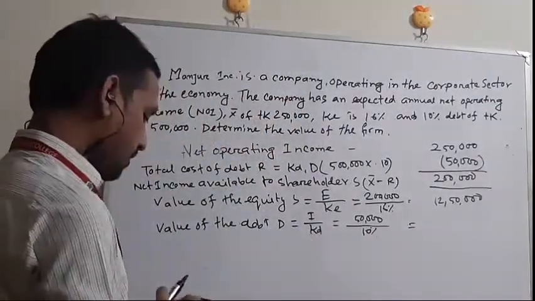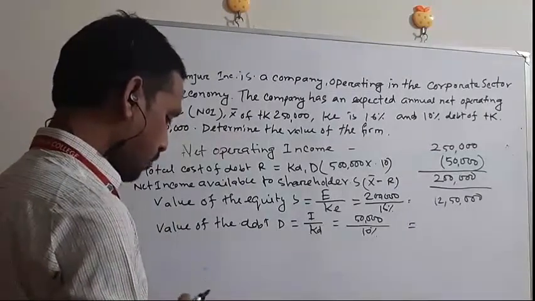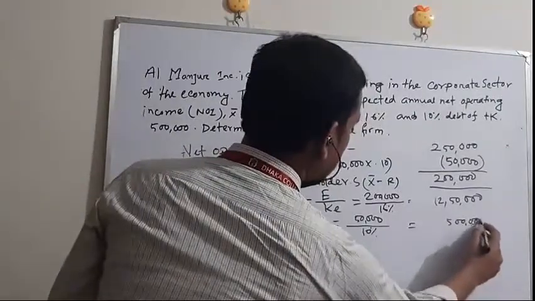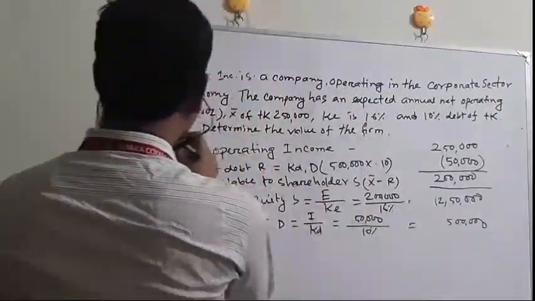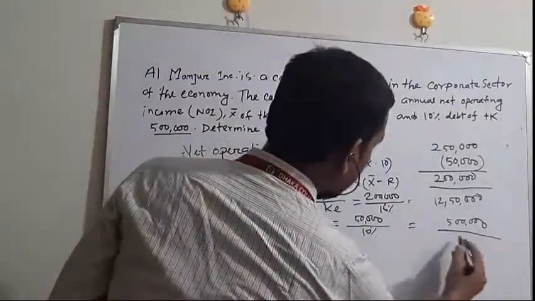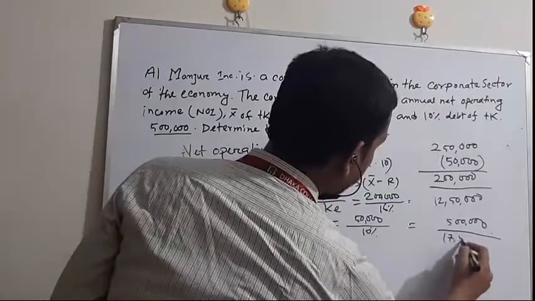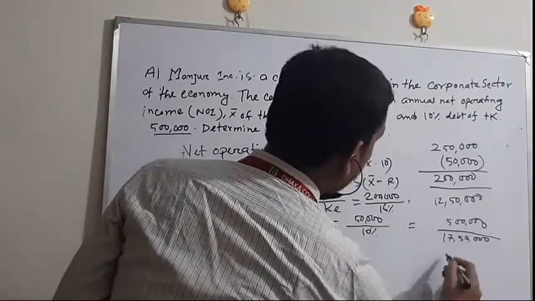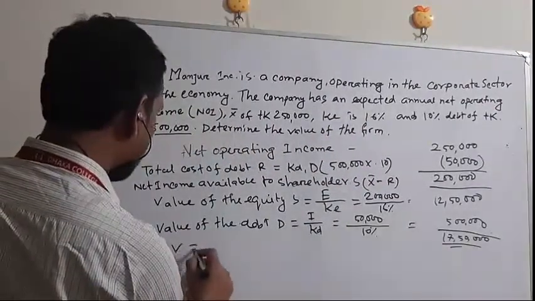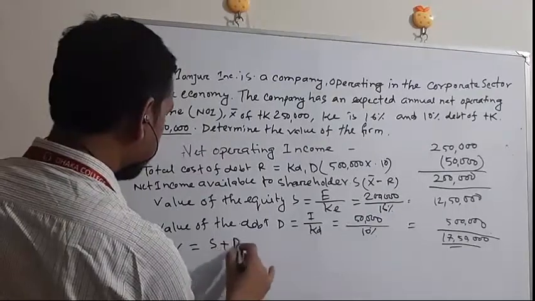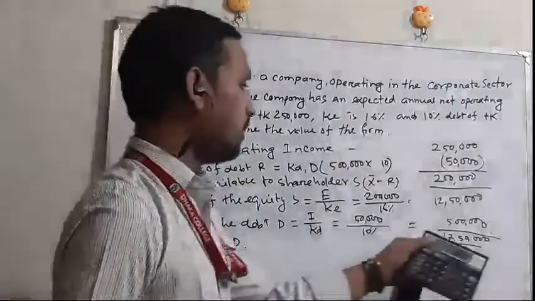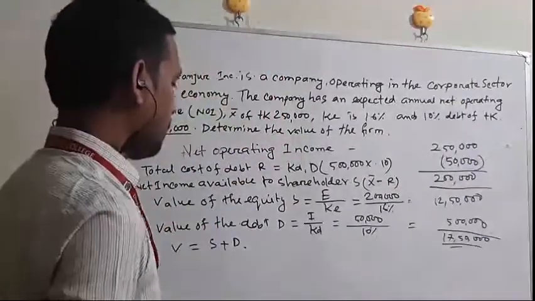So 50,000 taka divided by 0.1 is 5 lakh, which is what was given. So the value of the firm equals S plus D, the value of the equity plus debt, which equals 17 lakh 50,000 taka.